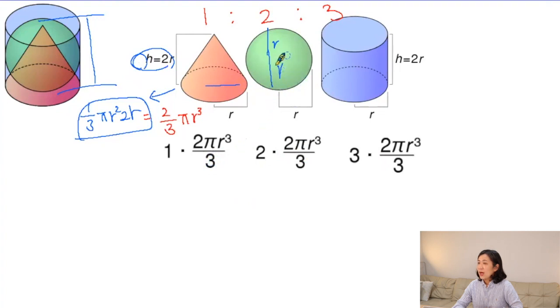Now we just change this expression back into the formula for the cone and cylinder. We already know that h is 2r. Instead of 2r, let's put h, so 1/3 pi r squared h.